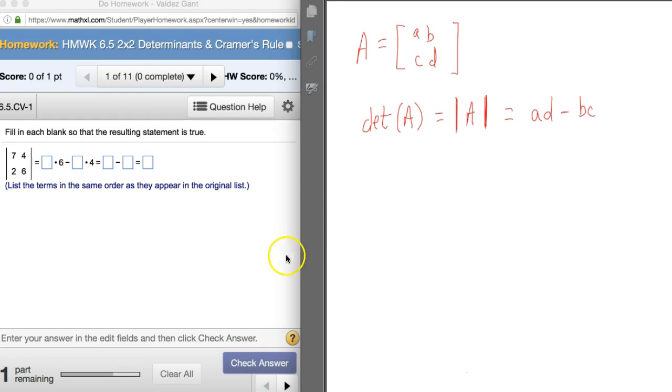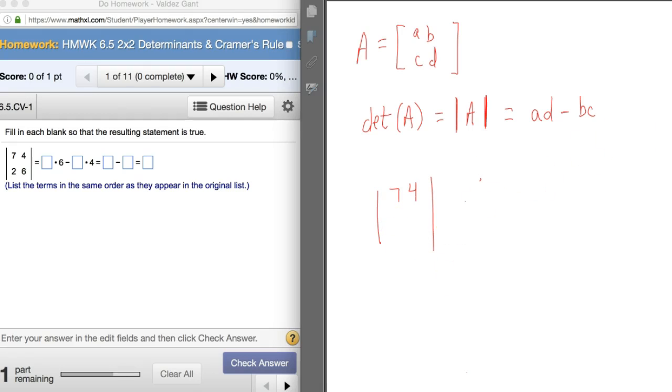Here, if you notice, our matrix has 7, 4 in the first row and 2, 6 in the second row, and this is 2, 6, not 26. So I want to make sure that we understand that. Let's get rid of that small thing there.